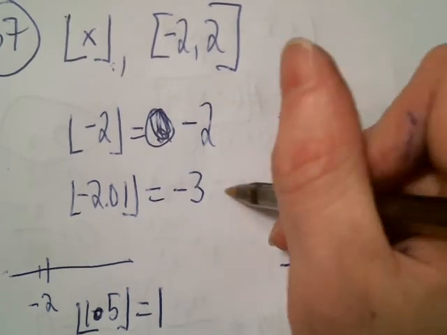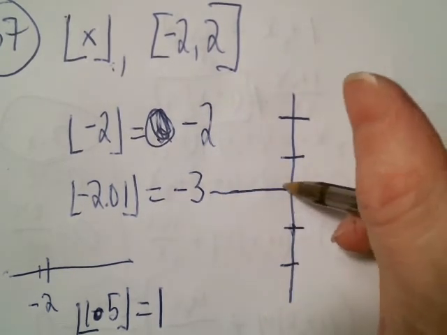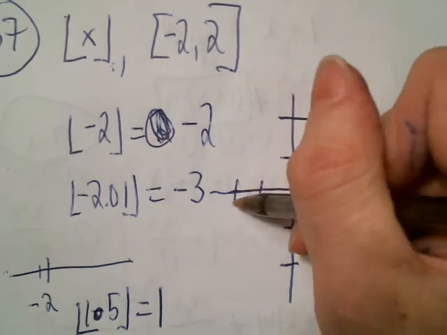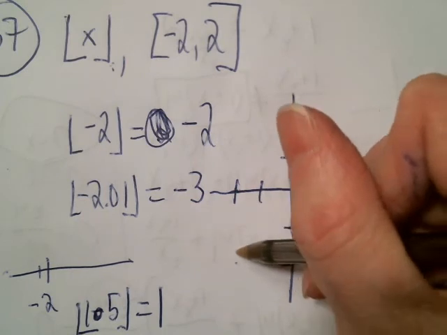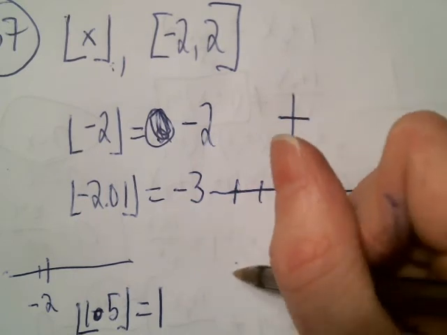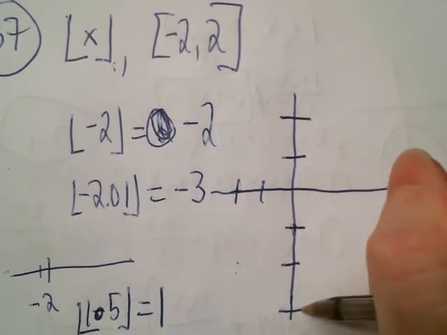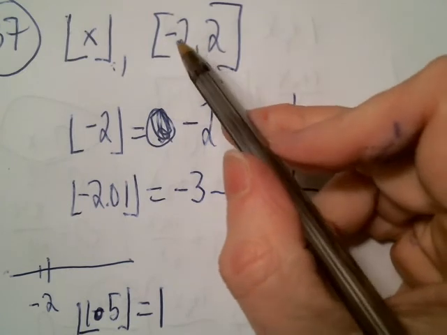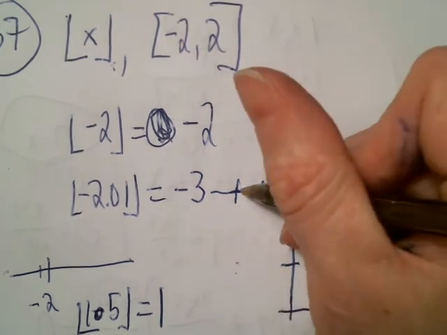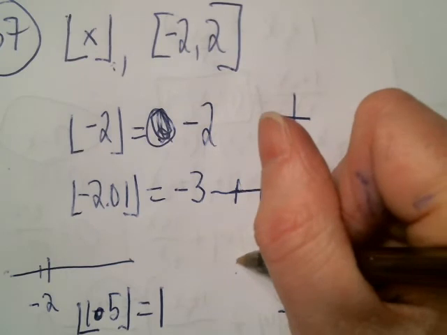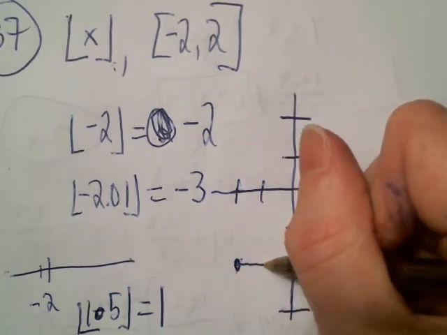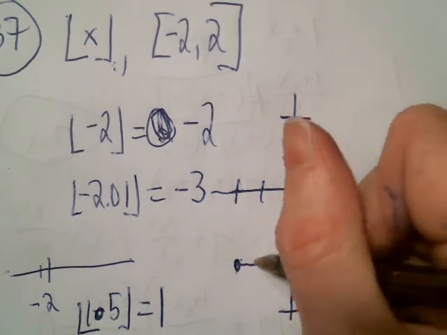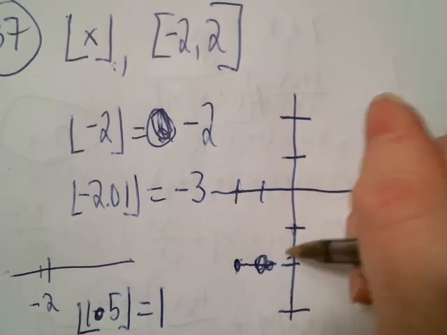Okay, so at -2, anything like -2.1 is going to be down here, but that's out of the interval. So I'm looking at numbers like -1.9. These guys are going to shoot down to -2, all the way up to -1.